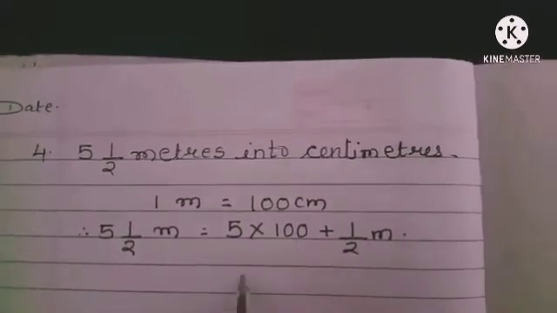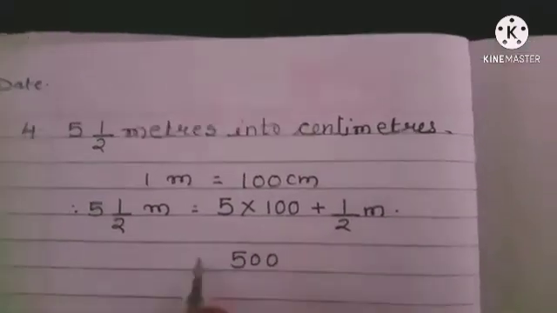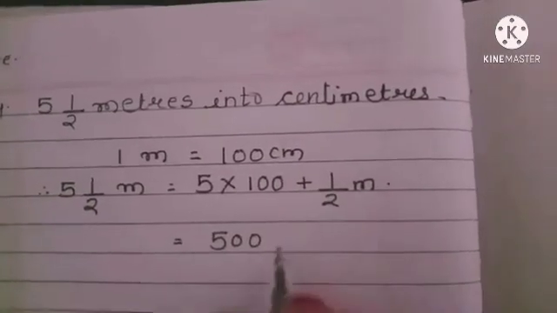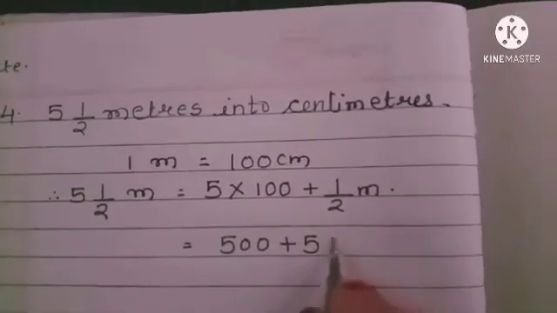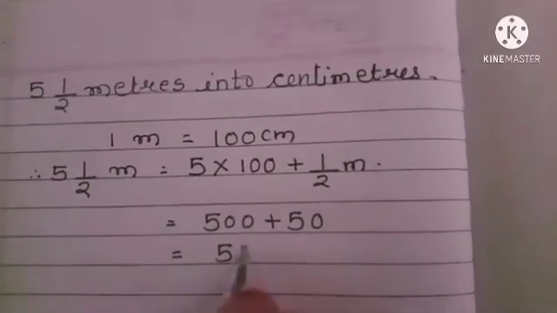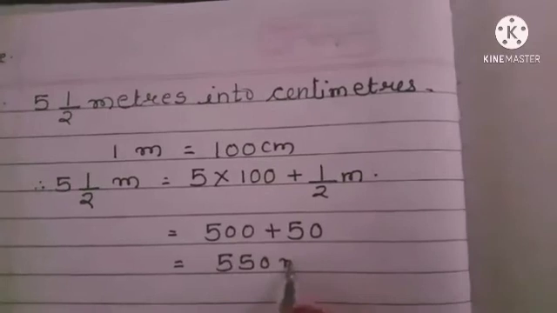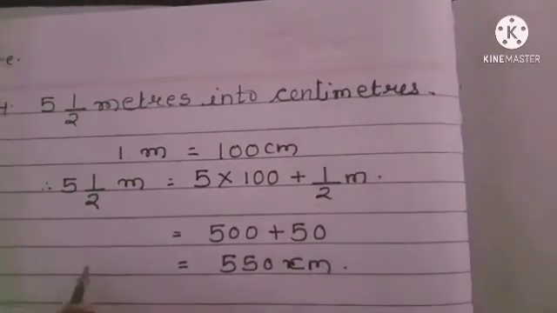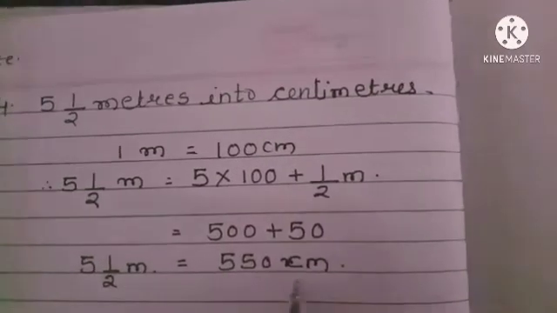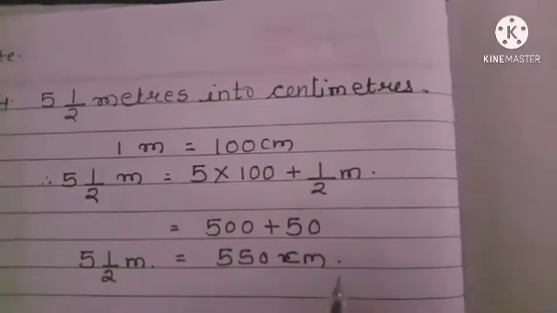So 5 into 100 is 500 and this is half meter. So half meter means 50 centimeters. So we'll write it as 50. So 500 plus 50 is 550 centimeters. So 5.5 meter is equal to 550 centimeters.